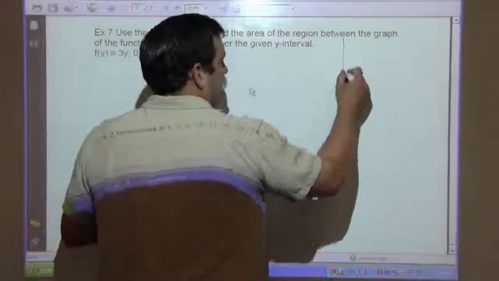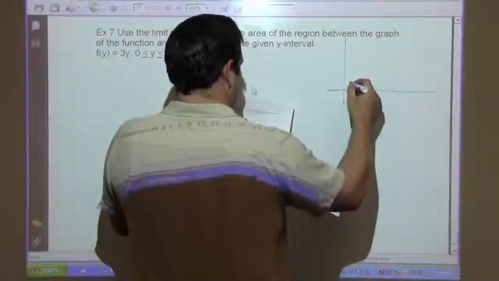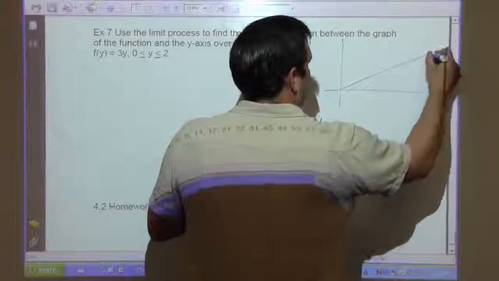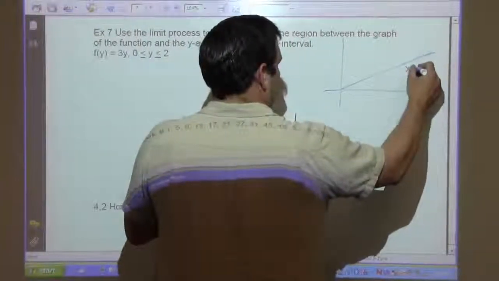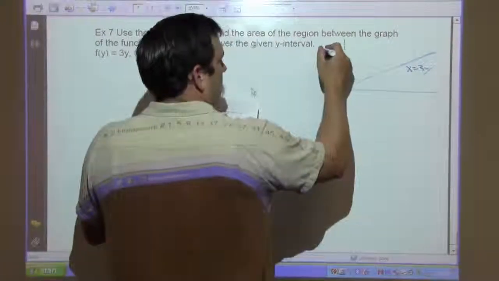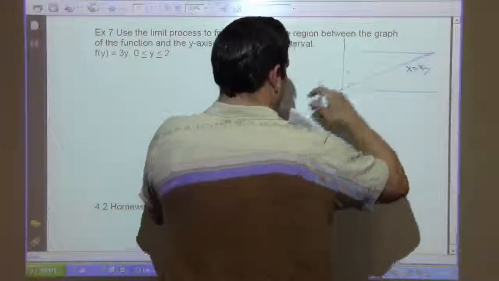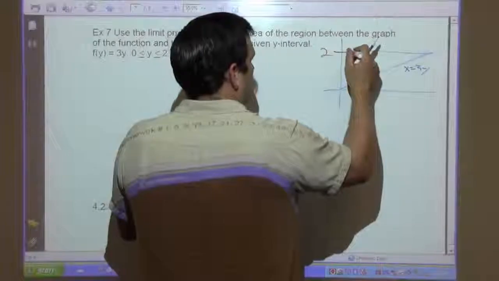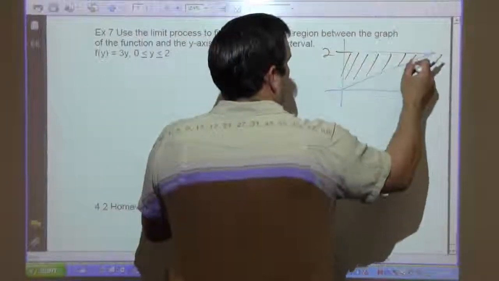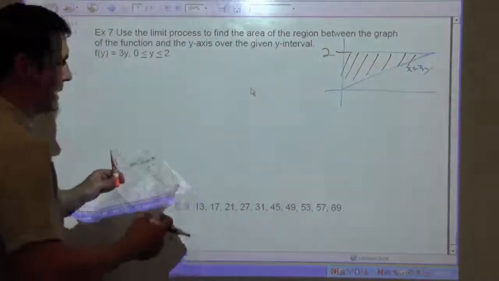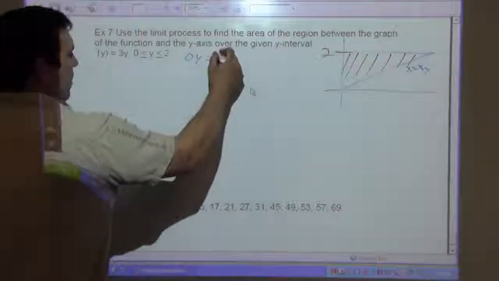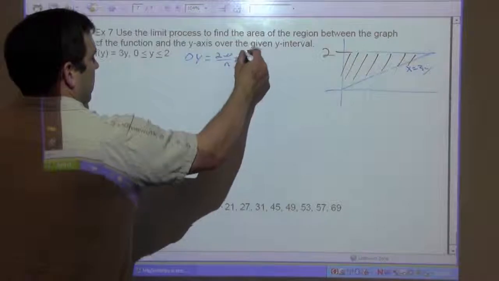So in this case, we're looking at this function here, from 0 to 2. A little odd for us to see it that way. So our delta y is going to be 2 minus 0 over n, or 2 over n.